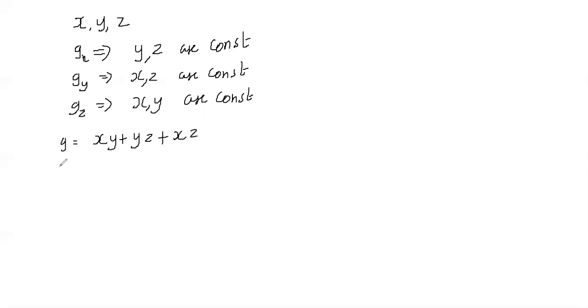Okay, so first we are going to partially differentiate with respect to x. So this is nothing but g x, or dou g by dou x. So if we write like this, it will be equal to dou by dou x of xy plus yz plus xz.